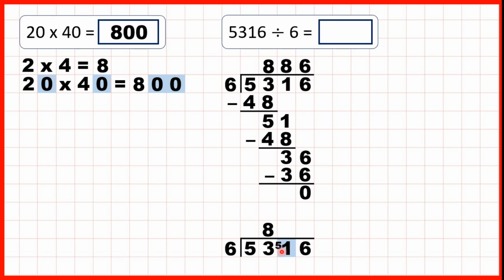So now we have 51 divided by 6. That's 8 remainder 3, because 8 times 6 is 48, but then we need 3 more to get to 51. Now, 36 divided by 6 is exactly 6. So, our answer is 886.